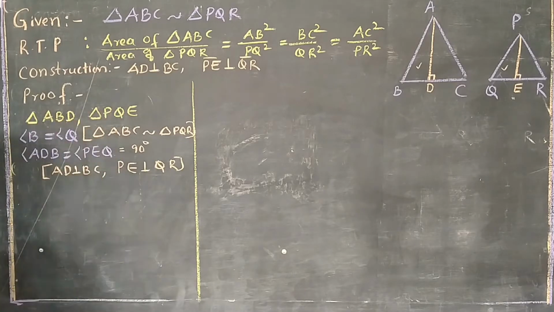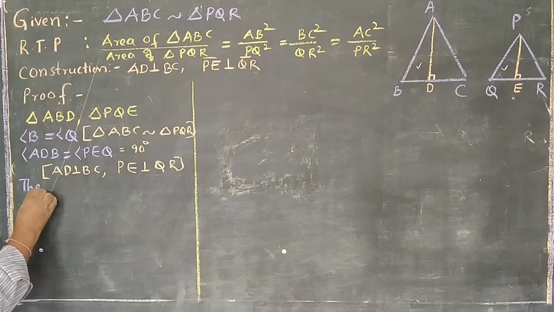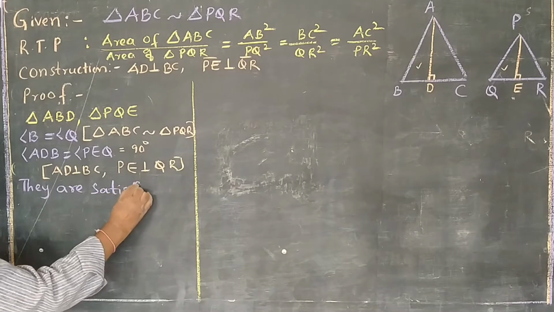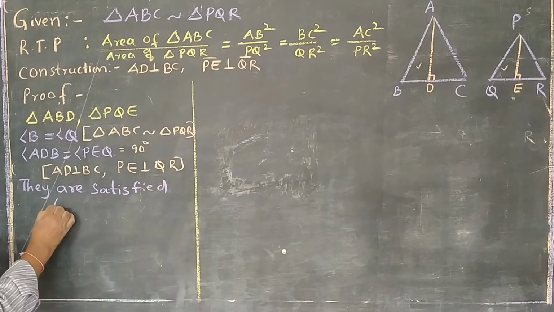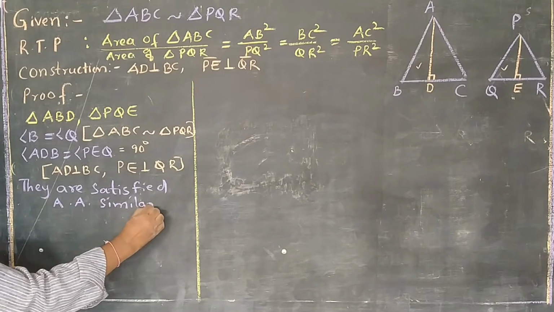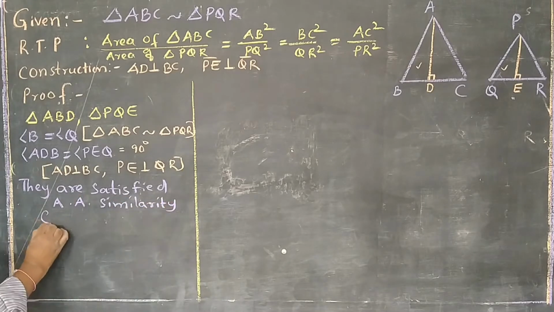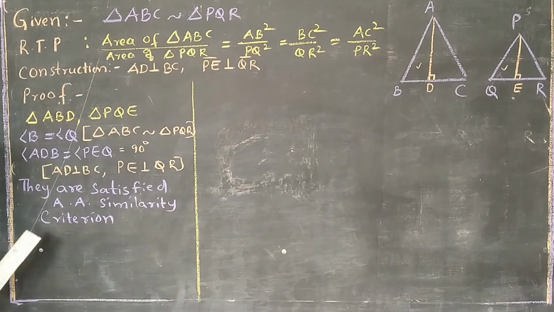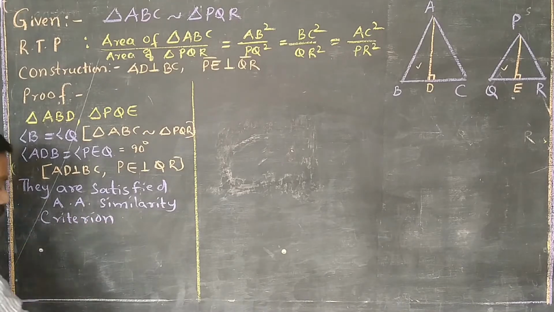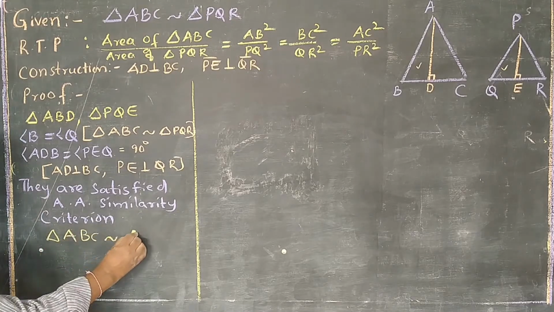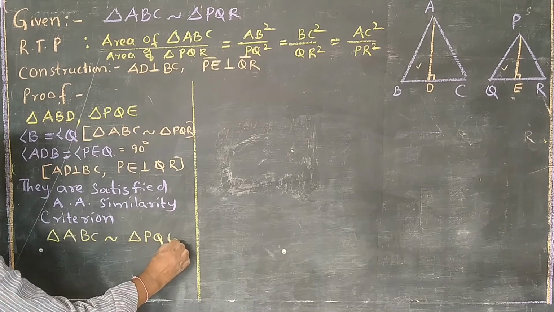These two triangles satisfy the AA similarity criterion. When they satisfy the AA similarity criterion, we can say triangle ABD is similar to triangle PQE.